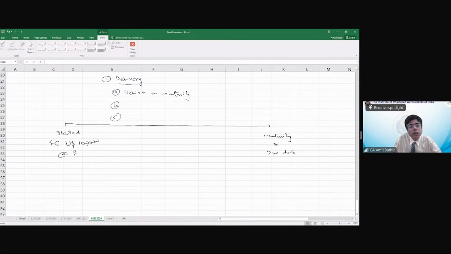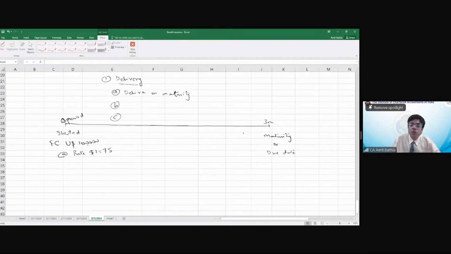At rate of $1 is equal to 75, right? So what is the meaning of this? Let's say this is a 3-month contract and this is the termination of 3 months, right? So this is 0 period starting, and this is 3 months.